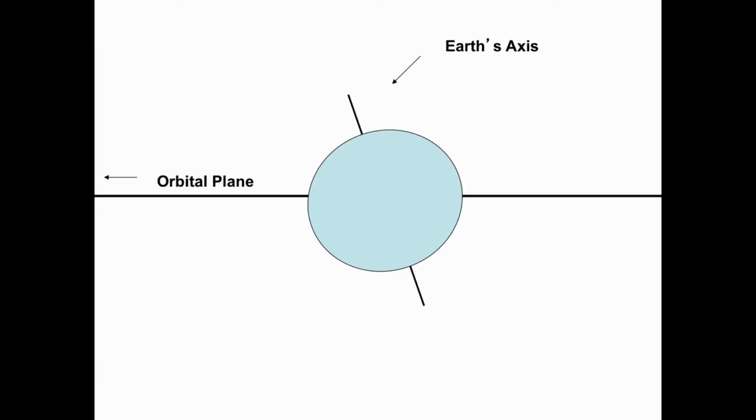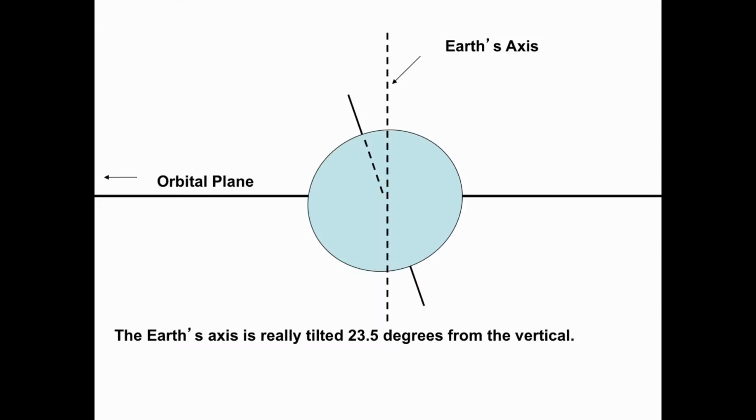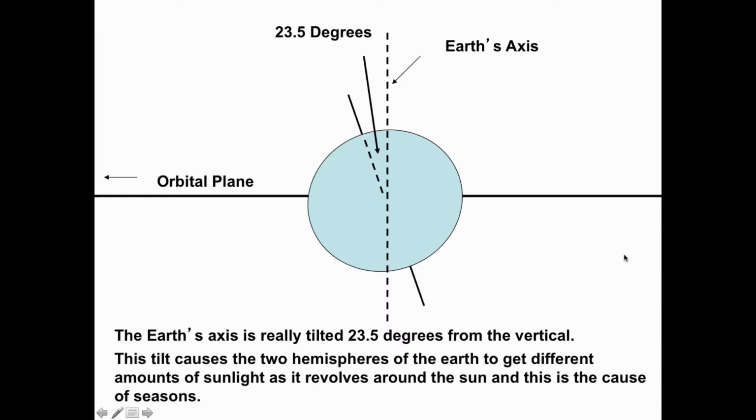Instead, though, the axis of the Earth is tilted relative to the orbital plane, and it's tilted at a 23.5 degree angle. And this makes it so when we go around the sun, that the way the sunlight hits the Earth does change, and those changes are why we have the seasons that we experience.